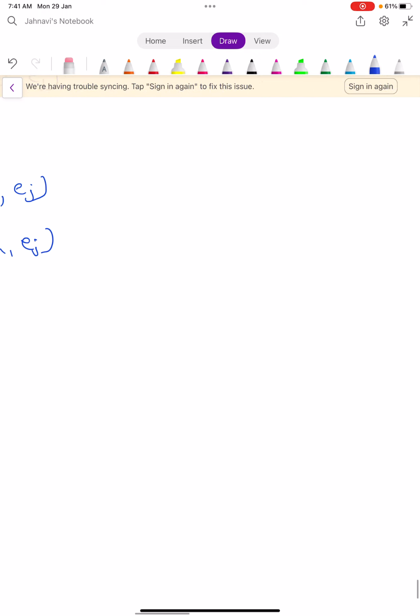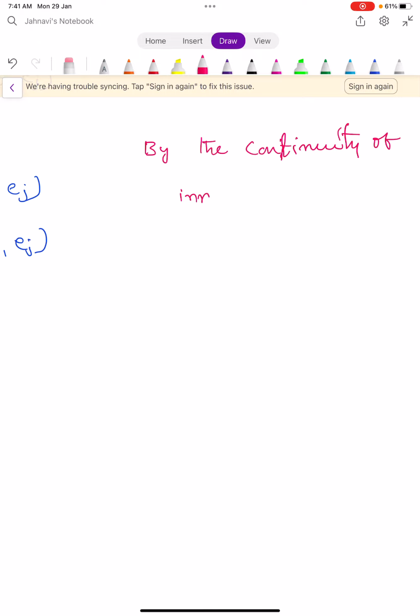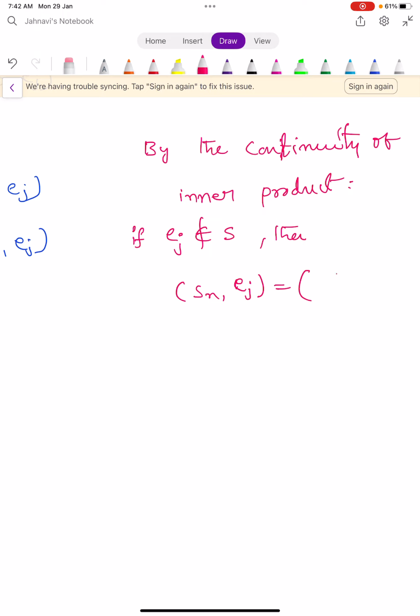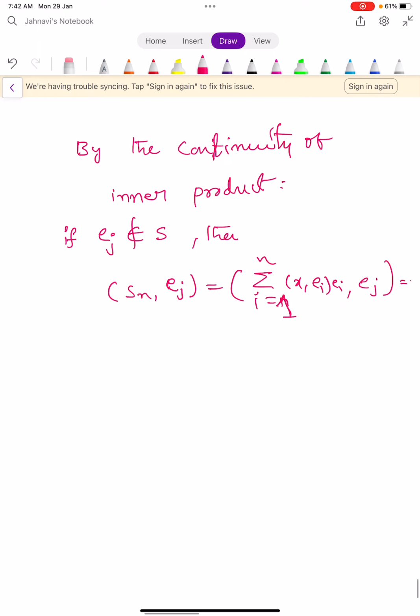Please remember, by the continuity of inner product, if ej does not belong to s, then inner product of sn comma ej is equal to summation over i equals 1 to n of x comma ei into ei comma ej, which is equal to 0.